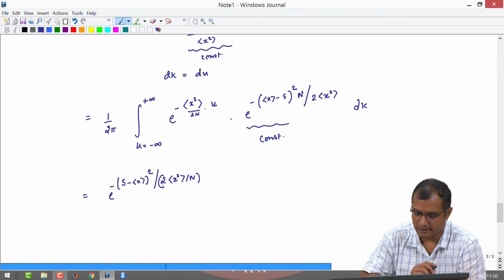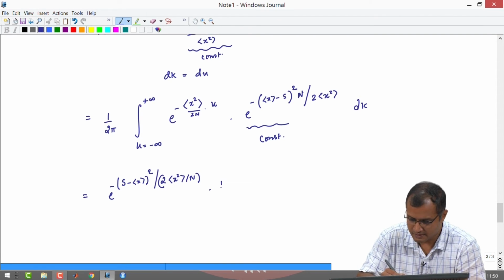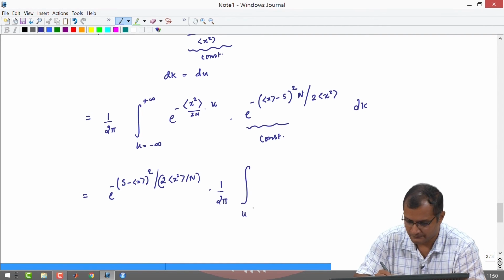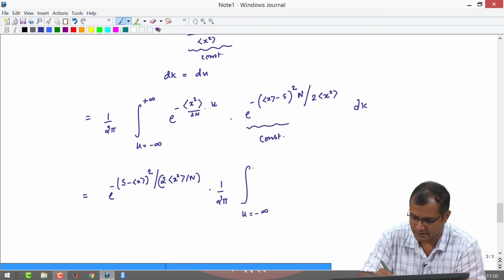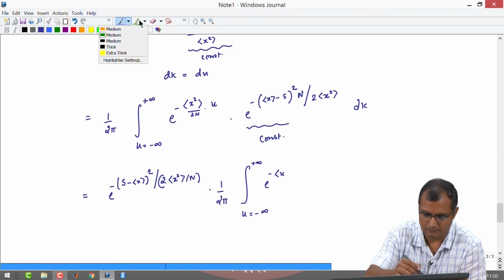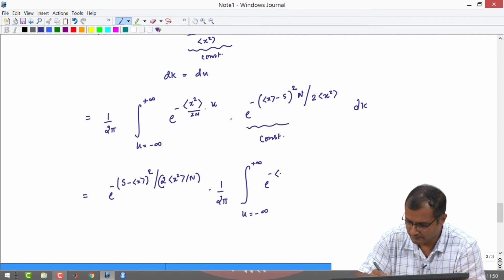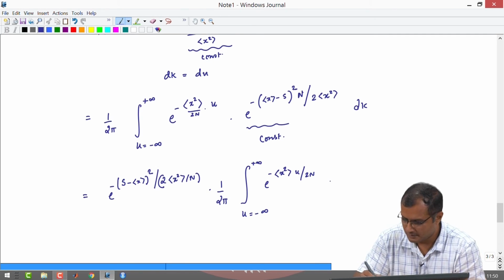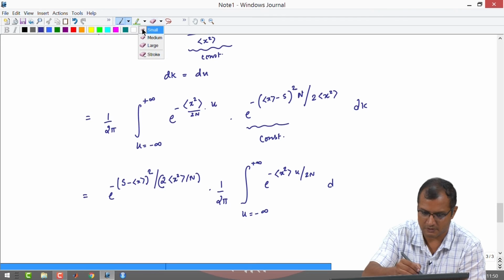Fine, and this is multiplied by 1 upon 2 pi, and the integral is going from minus infinity to plus infinity of e raised to minus x square into u by 2n, d of u. This is a du, this is not dk, this is d of u.